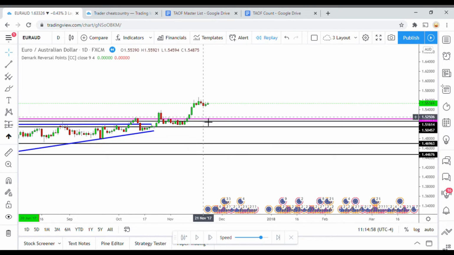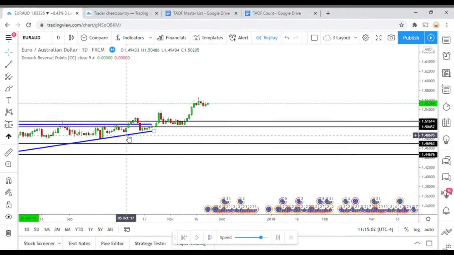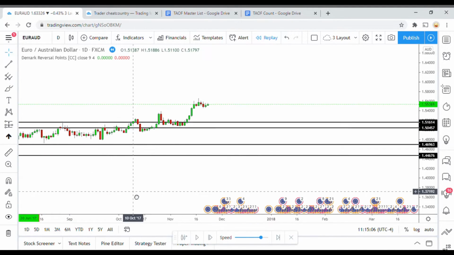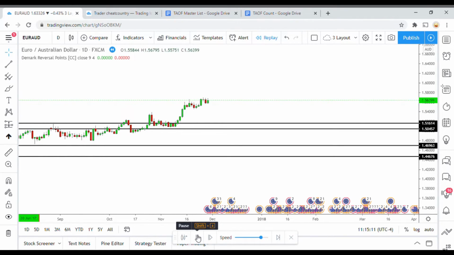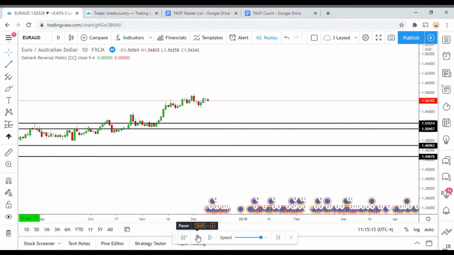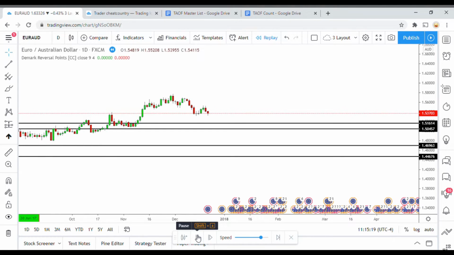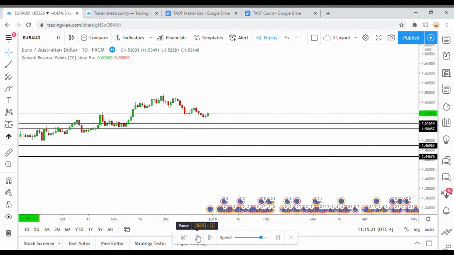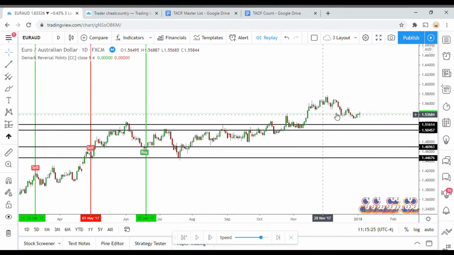There we go. It finally broke out. Made it to the upside. Let's see if it can make any kind of push. Nope, it just kind of stalled out.